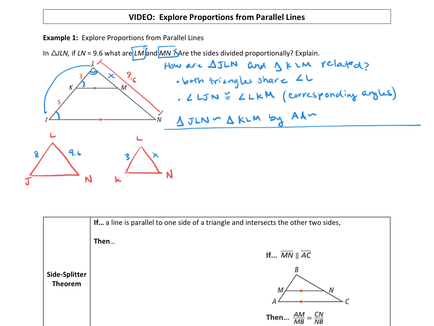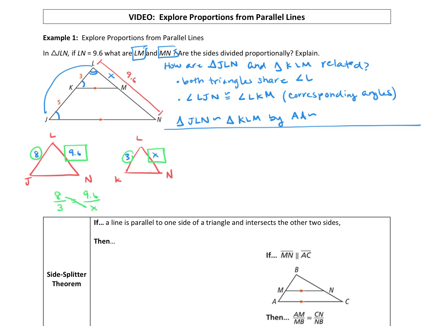We can solve for it by setting up a proportion and cross multiplying. So we're going to find our corresponding sides. 8 corresponds with 3, 9.6 corresponds with x. So our proportion is 8 over 3 equals 9.6 over x. Then we just cross multiply to solve.